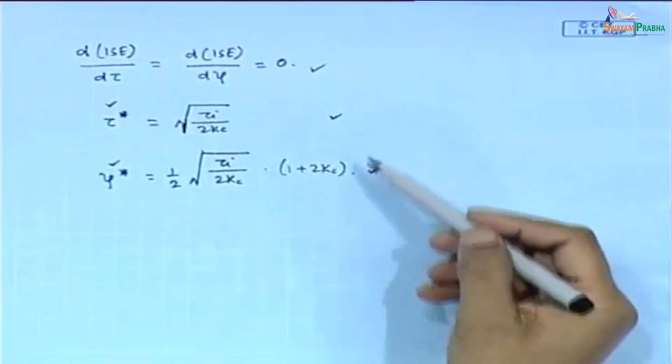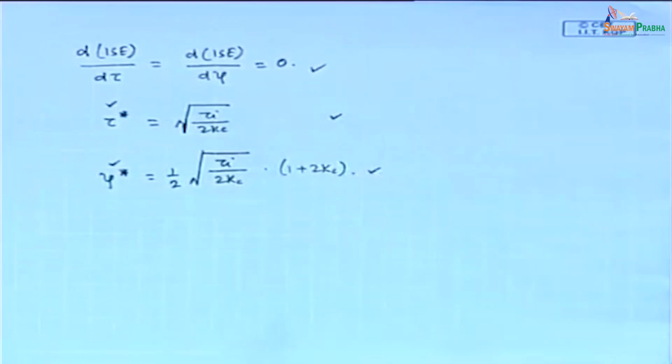Now, you see we have two equations and two unknowns, tau y and kc. Solving these two equations, we get the optimal values of tau y and kc.